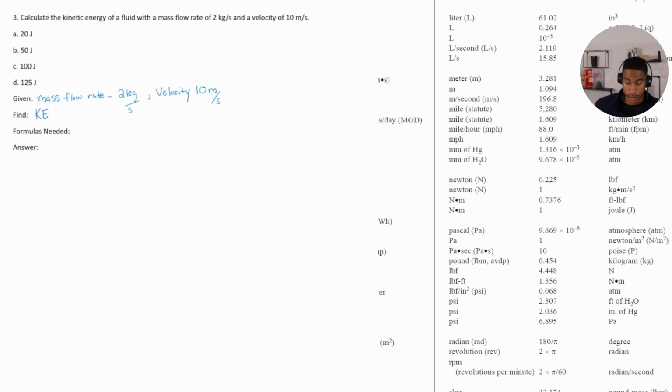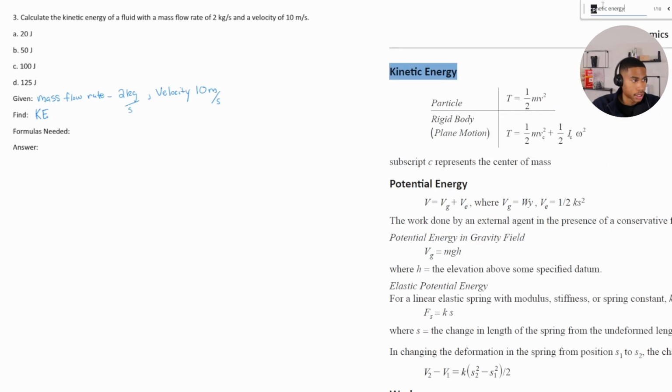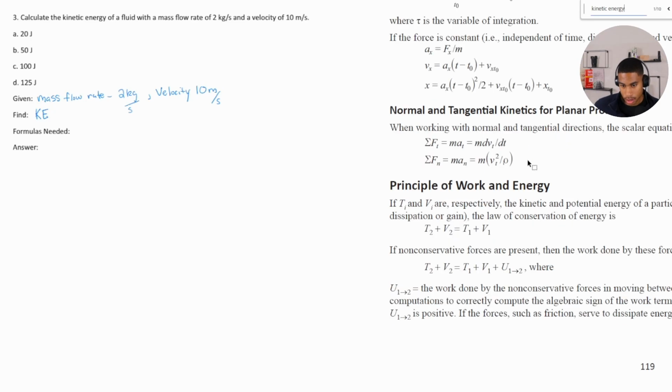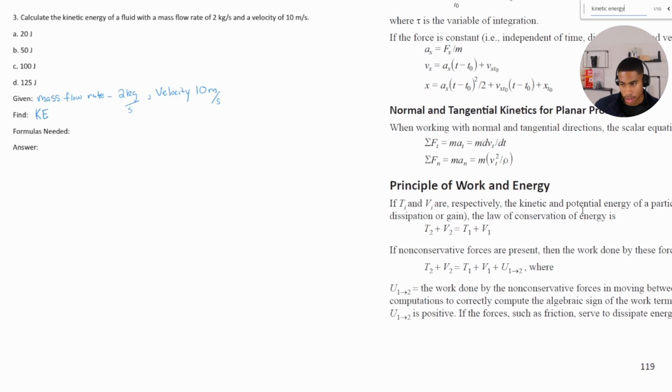What formulas do we need? All right, so what is kinetic energy? I'm going to search energy. Searching kinetic energy. All right. So I get T and V, respectively, the kinetic and potential energy.